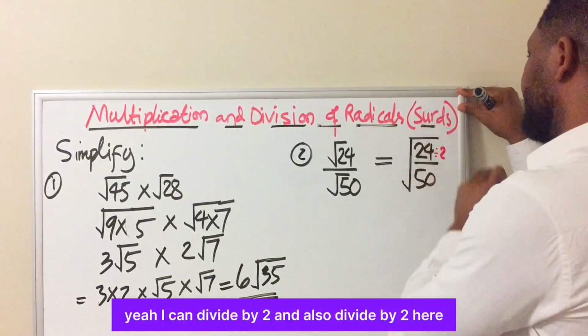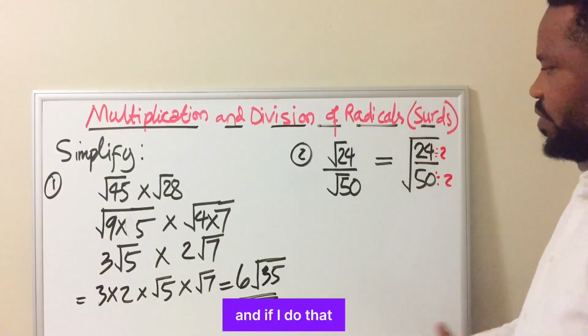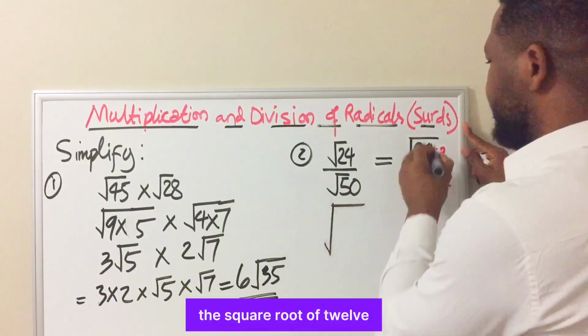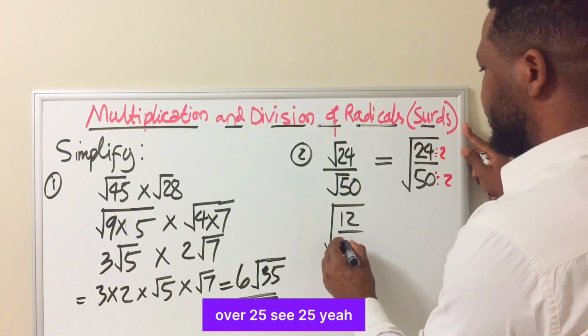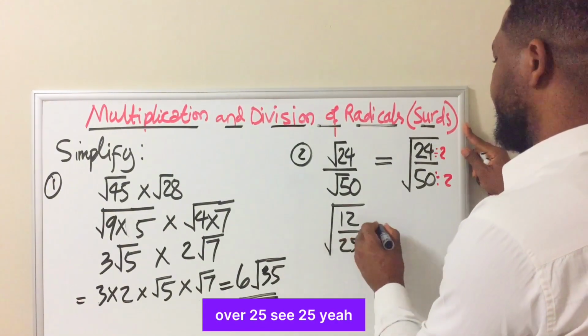I can divide by 2 and also divide by 2 here. And if I do that, what I have at the end of the day is the square root of 12 over 25.